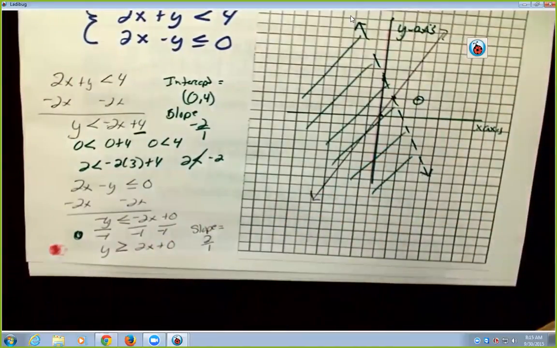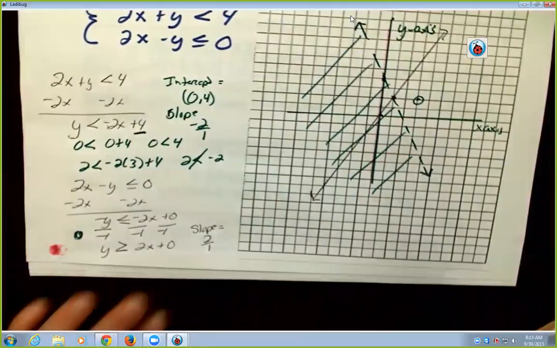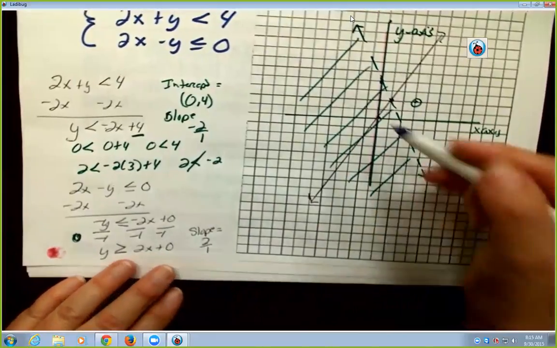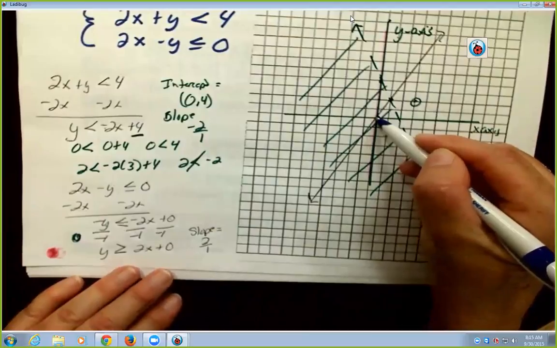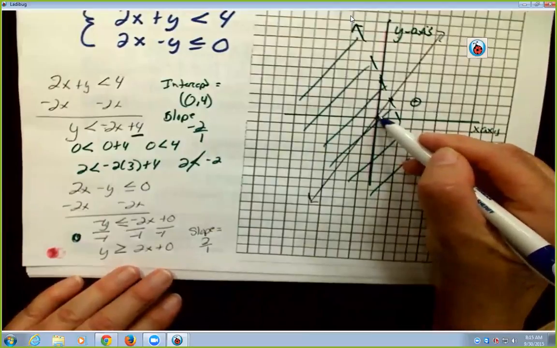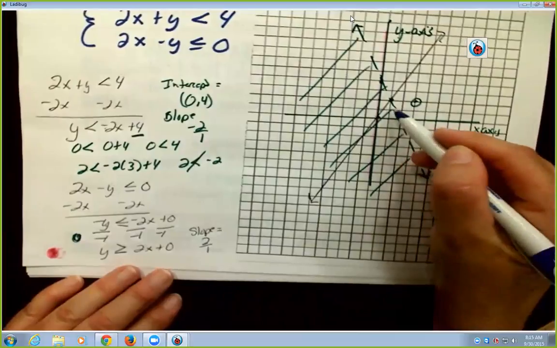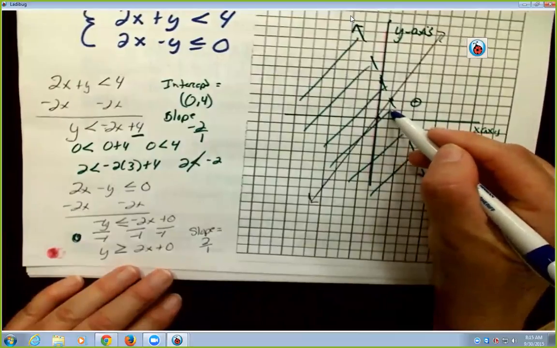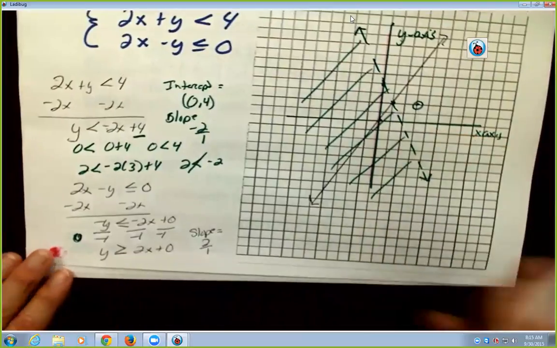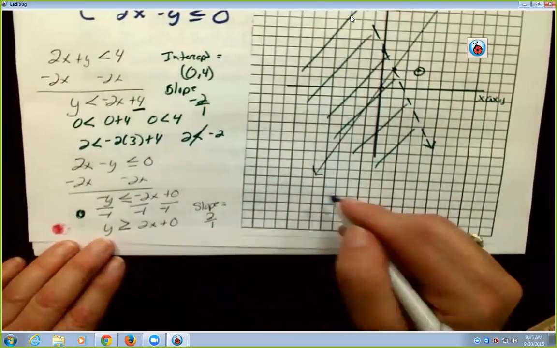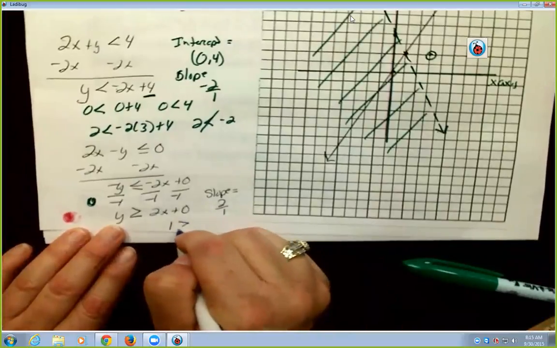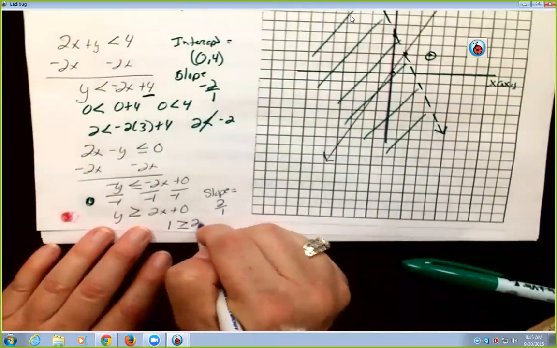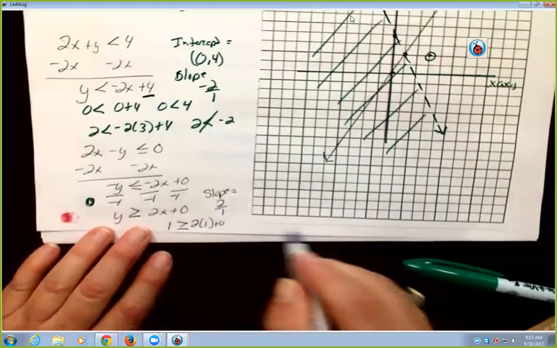Then with that solid line, I need to find out what side gets shaded. I can't use 0, 0 as a test point with this one because it's on the line. It's on the graph because it goes right straight through that spot. So I need to pick another test point. Your second test point that works really well is 1, 1 because it's real easy to work with 1s. So if I plug it in here, I'm going to have 1 is greater than or equal to 2 times 1 plus 0.